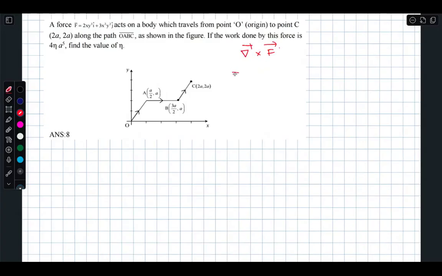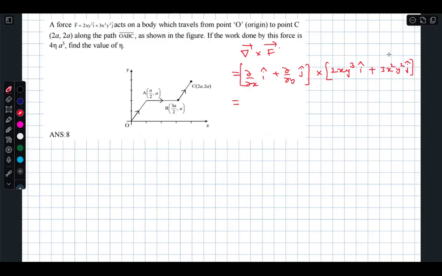This is nothing but dou by dou x i cap plus dou by dou y j cap times F bar, which is 2x y cube i cap plus 3x square y square j cap.